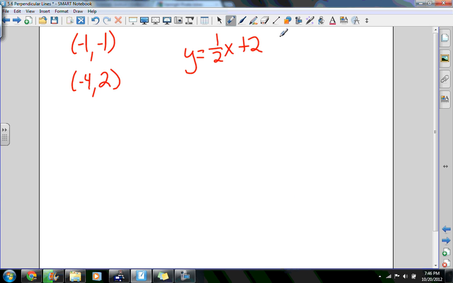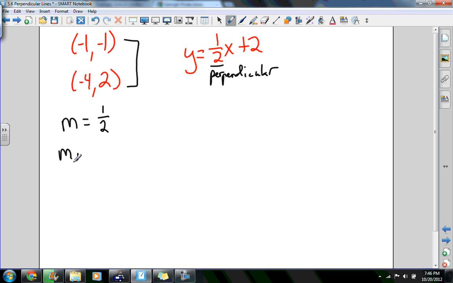So what this problem will say is, create an equation of a line that passes through these points and is perpendicular to this line. The first thing we have to do is find the m of our original line. Our m is 1/2.